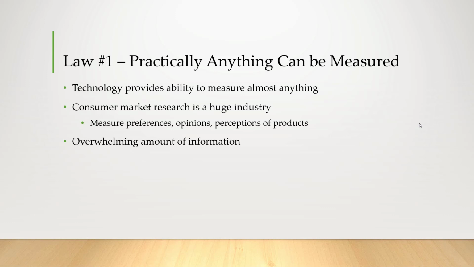The amount of data that you would collect, and then you have to sort through it. It can be overwhelming. So when we say practically anything can be measured, it's absolutely true. And you need to understand, how are we using the measurements we're taking, and then how do they affect us in our decision making skills, especially when it comes to risk.